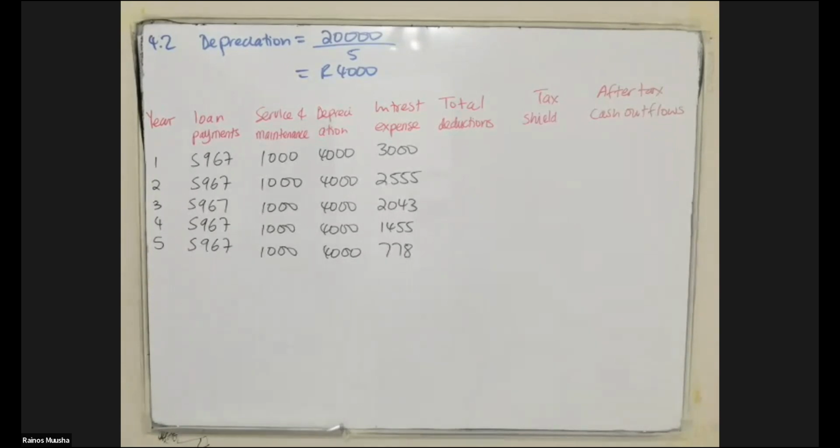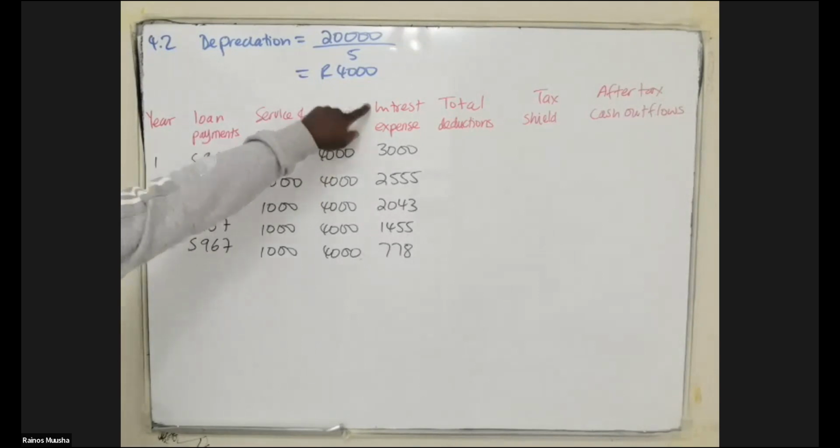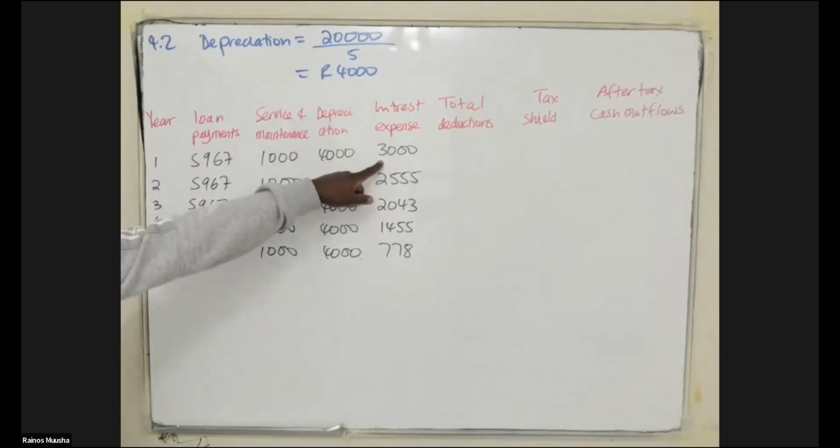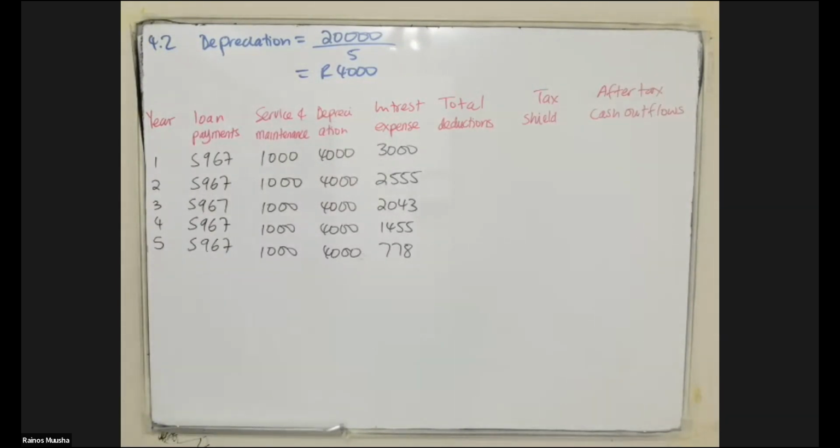For our total deductions, our service and maintenance costs plus depreciation expense plus interest expense gives us the total deductions. So how much do we get for the first year?